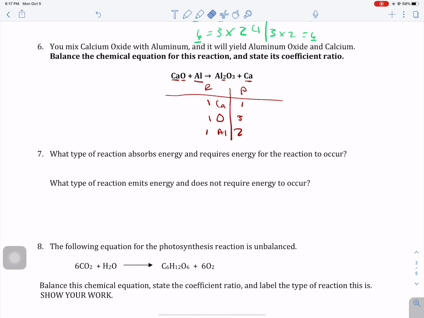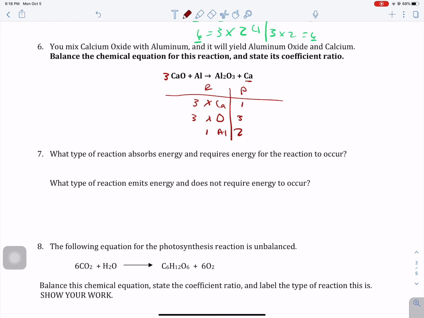Okay, so now we are going to try and balance it. Let's look at oxygen because it looks weird. So we have a 3 here. Let's see what we can put on the other side to see if it's balanced. If we put a 3 here, we are now going to have 3 calcium and 3 oxygen.